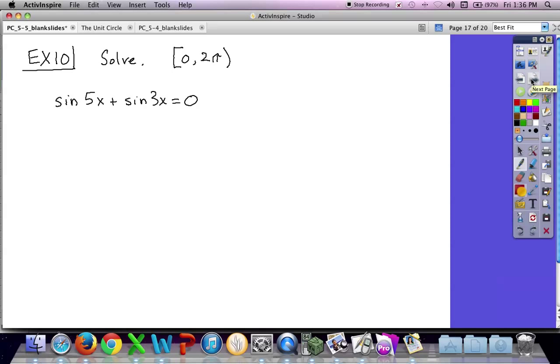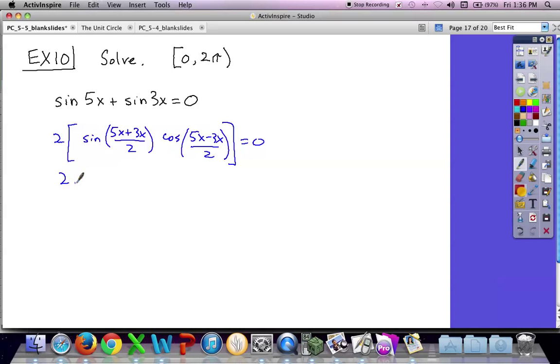So that ought to be 2 times the sine of (5x plus 3x) over 2, times the cosine of (5x minus 3x) over 2, equals 0.